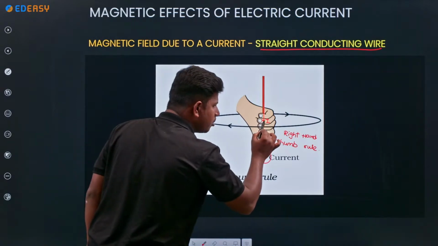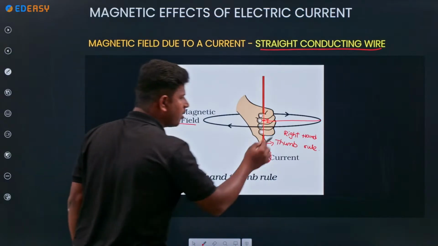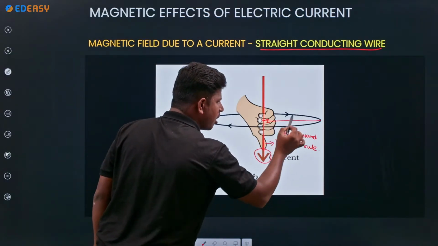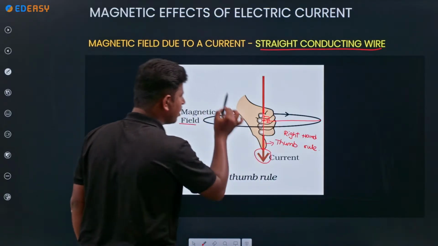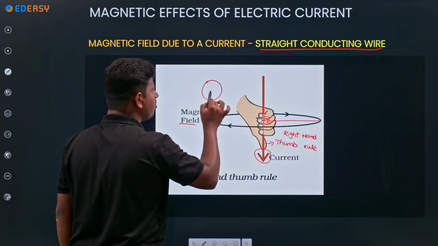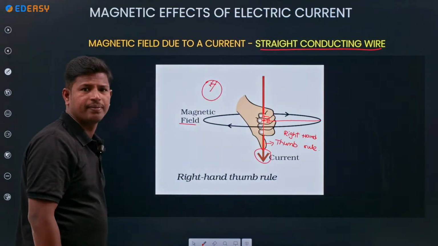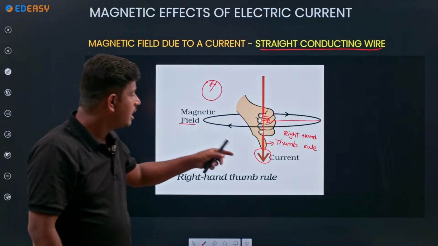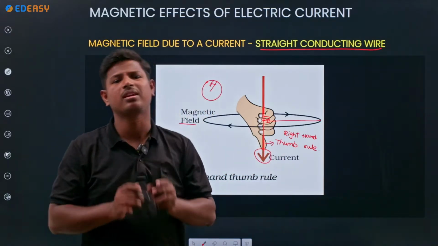From this point, I draw one perpendicular line. So how will the magnetical field be? Perpendicular to the circle, right? If I am taking a circle and draw at any point on the circle, how will it be? Perpendicular, na? So current and magnetical field are both perpendicular to each other.